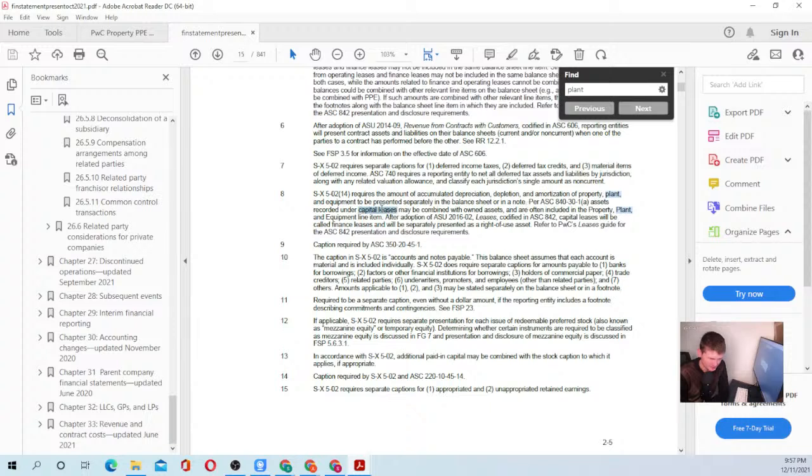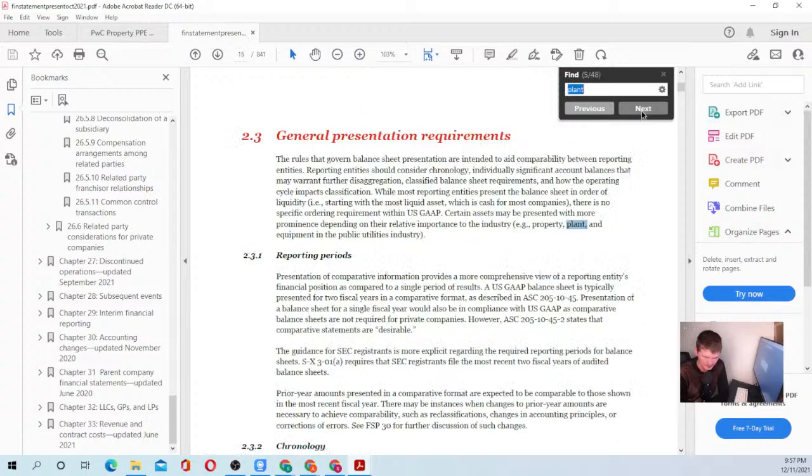Assets recorded under capital leases may be combined with owned assets and are often included in the property, plant, and equipment line item. Under the new leases codification, capital leases will be called finance leases and will be separately presented as right of use assets. Okay, let's see if we have that anywhere else.